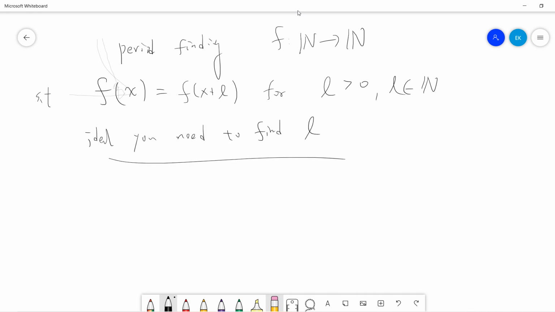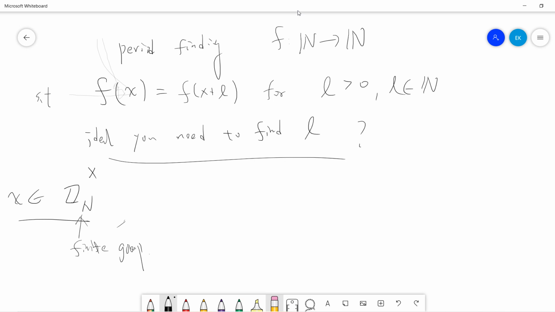But what is this related to our problem? We know some algebra. Suppose x is in the multiplicative group modulo n, and this is abelian and finite.